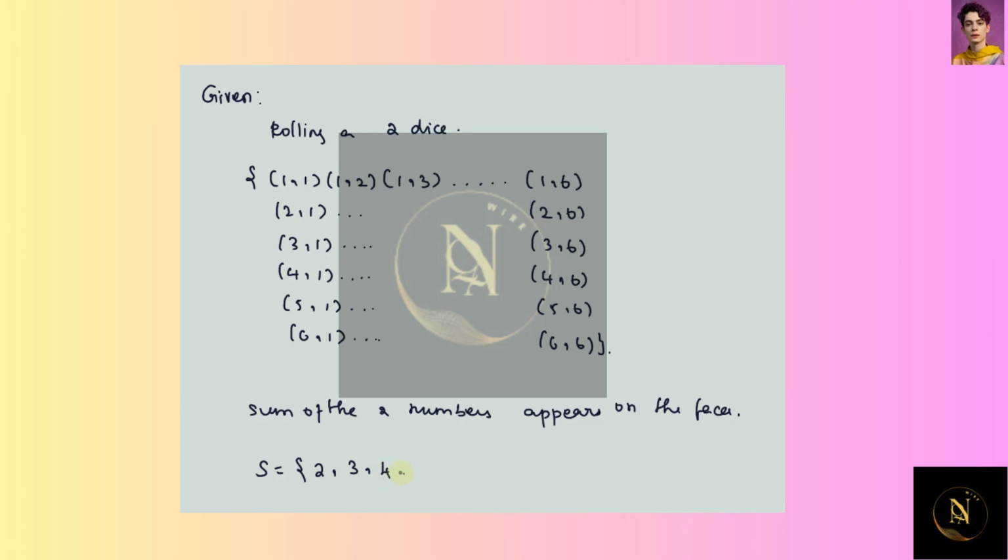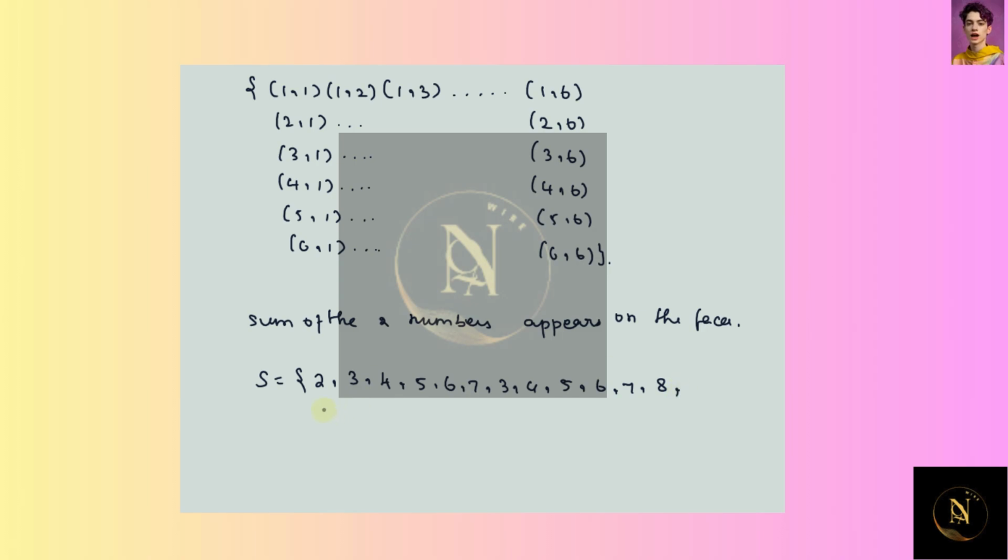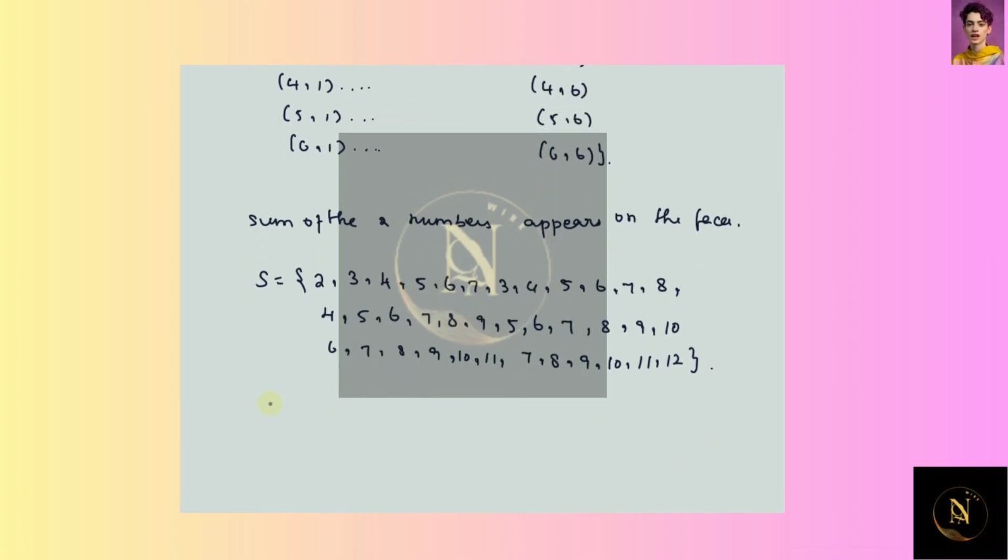Likewise, 2, 3, 4, 5, 6, 7; 3, 4, 5, 6, 7, 8; then 4, 5, 6, 7, 8, 9; 5, 6, 7, 8, 9, 10; then 6, 7, 8, 9, 10, 11; and 7, 8, 9, 10, 11 and 12. This is our sample space, and the number of samples is equal to 36.